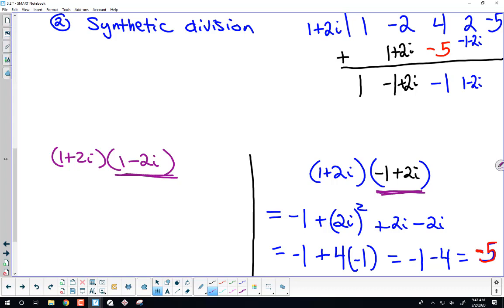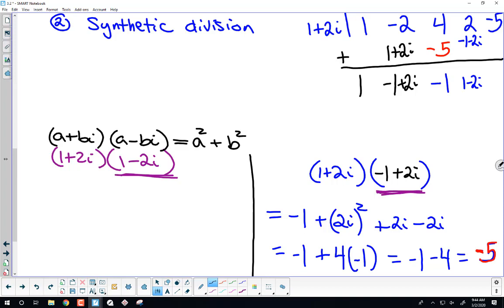But remember, this thing that we're now multiplying fits that shortcut when we said, here's a complex number multiplied by its conjugate. When we multiply complex conjugates together, that result is just going to be the first thing squared plus the second thing squared. No i's involved.